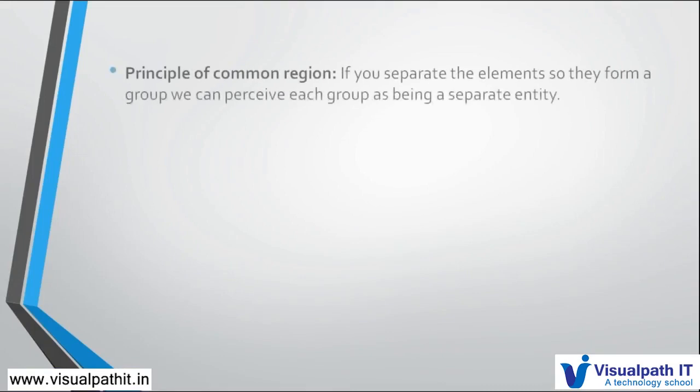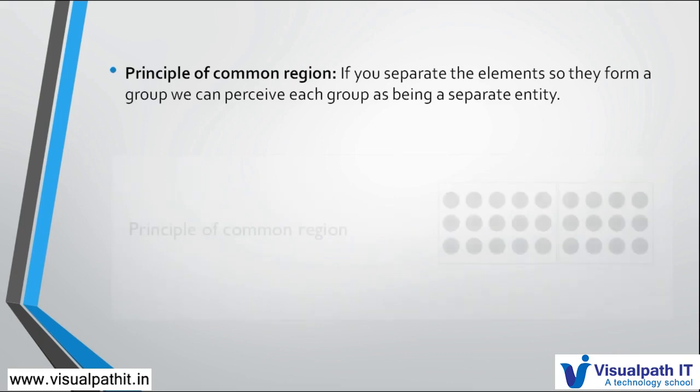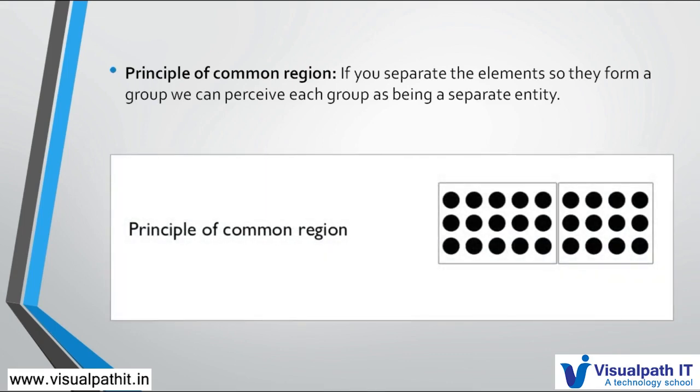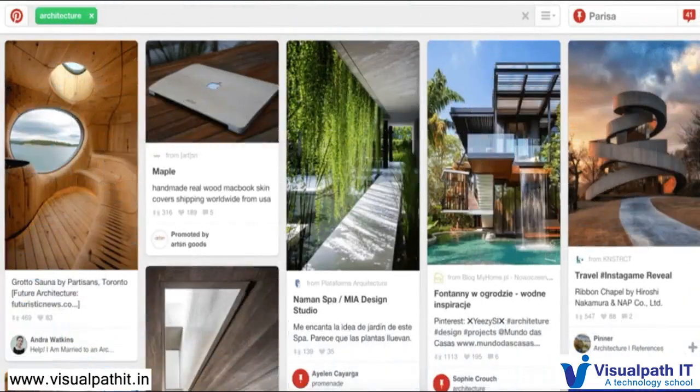Let's see next, the principle of common region. If you separate elements so they form a group, we can perceive each group as being a separate entity. In the image, it shows that there are two groups, right, each a separate entity.